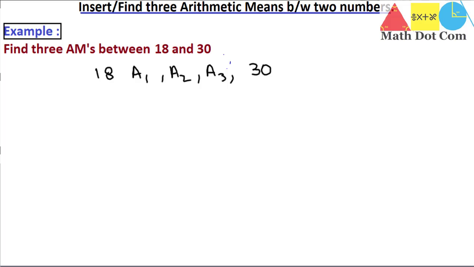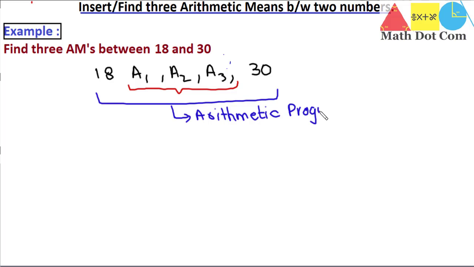For that purpose, there is one condition that is mandatory. These numbers will be in arithmetic mean if this sequence is in arithmetic progression. So what does it mean? It means that the difference between two consecutive terms must be constant, or you can say must be a common difference.